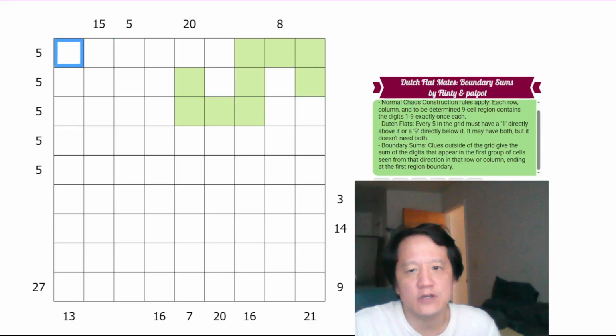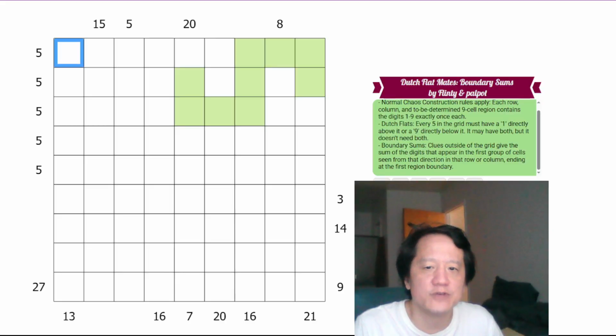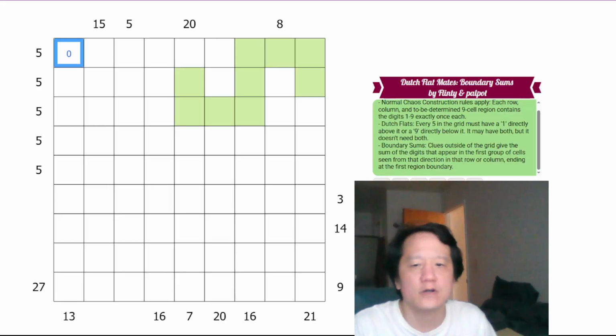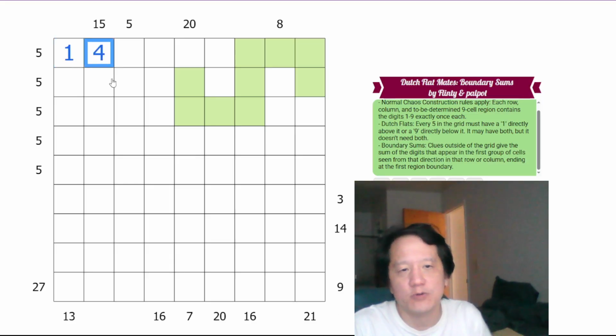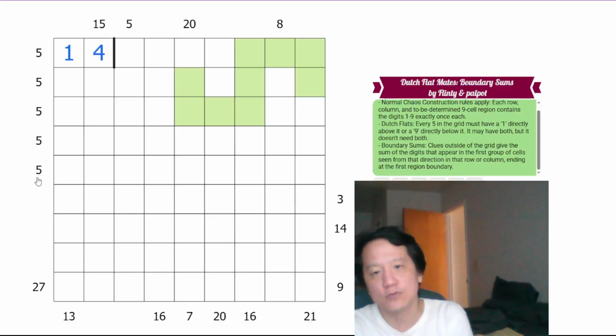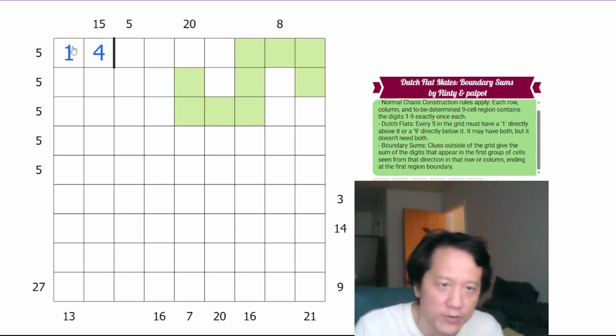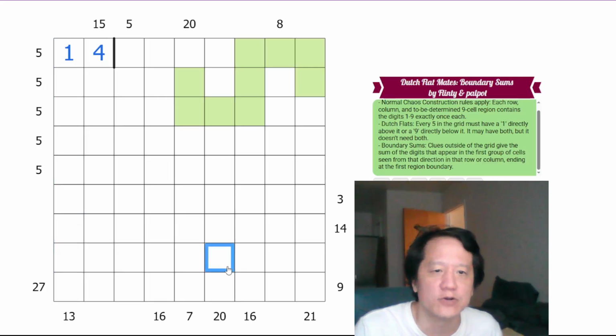So obviously you could have, for example, a 5 here, or you could have something like 1, 4, which would be valid, and then you have a region boundary. So the boundary sums are the sum of all the digits up until you see the first region boundary between regions, not including the boundary that surrounds the entire grid.